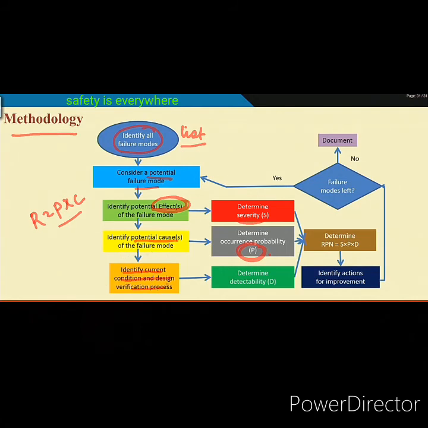So, if you do this, you will understand the detectability of your system towards the failure mode occurrence. So, this leads to detectability. That means we are calculating risk, but not with this formula. We are saying RPN, risk priority number.